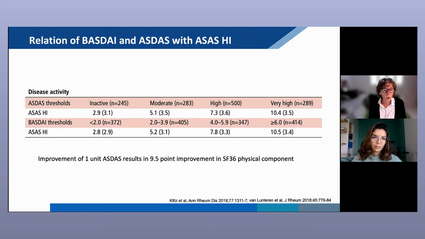And another way of validation is the ASAS Health Index, which is a kind of quality of life measure specific for axial SpA. And you also see here that there is a good discrimination. And also, if you relate it to the SF-36, an increase of 1 unit in ASDAS has a 9.5 improvement in the SF-36.